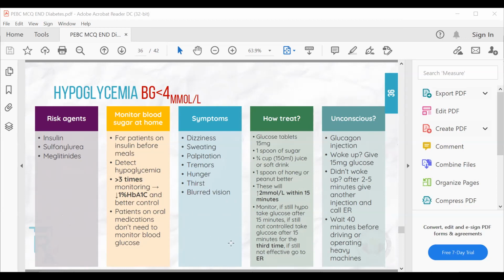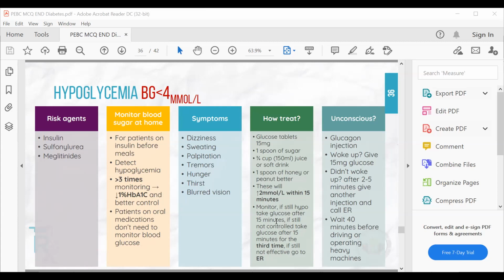If the patient is conscious, still able to eat or drink, I will give him tablets, 15-gram glucose tablets, or 1 spoon of sugar, or 150 ml of juice or soft drink, or I can give him 1 spoon of honey. Then I will measure his blood sugar within 15 minutes.